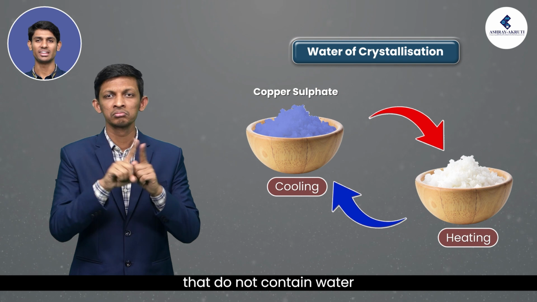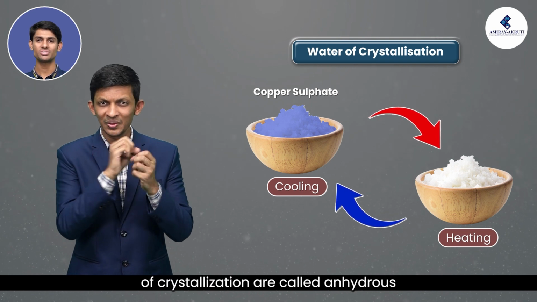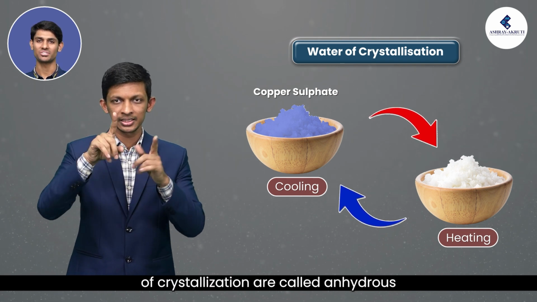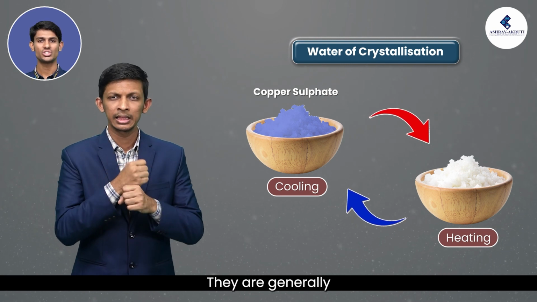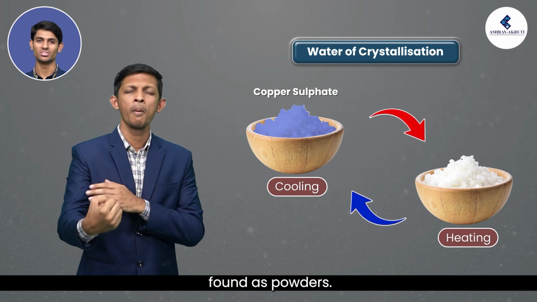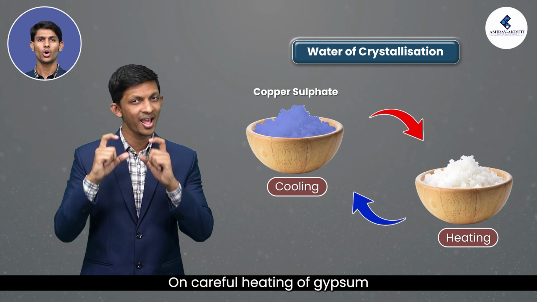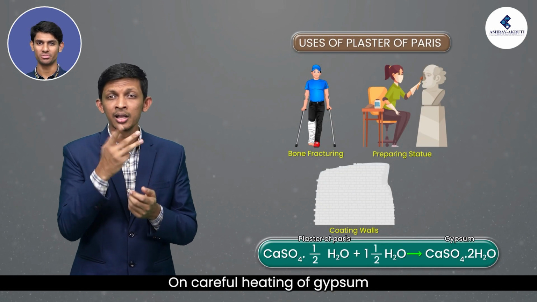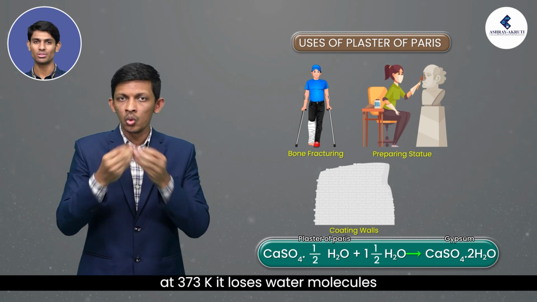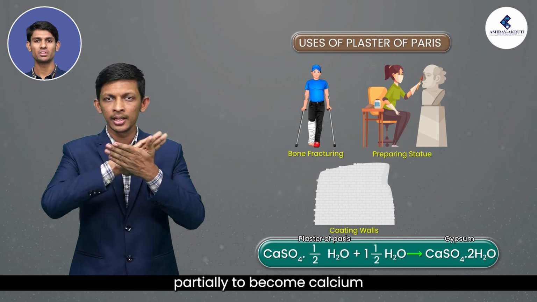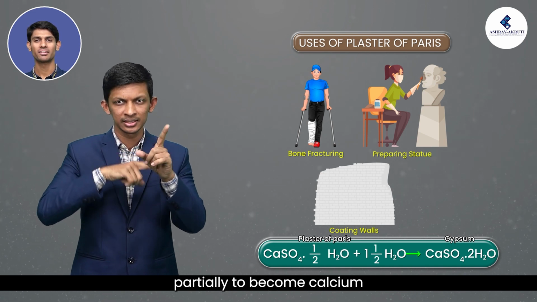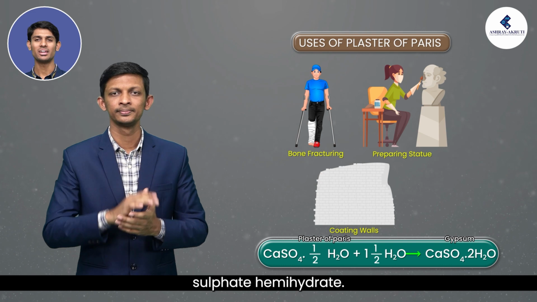Salts that do not contain water of crystallization are called anhydrous salts. They are generally found as powders. On careful heating of gypsum at 373 Kelvin, it loses water molecules partially to become calcium sulfate hemihydrate.